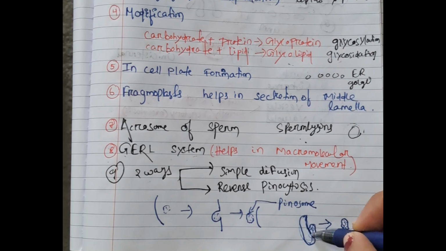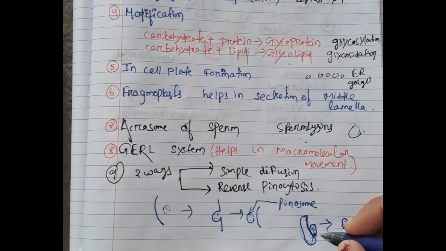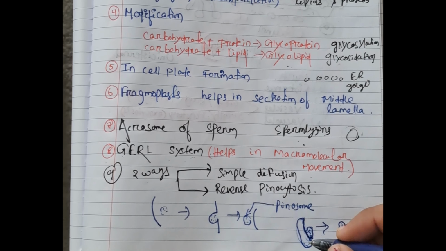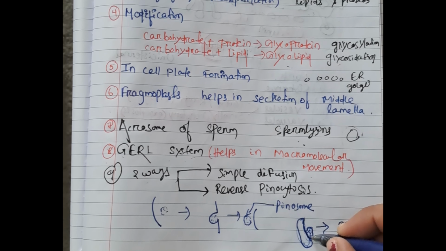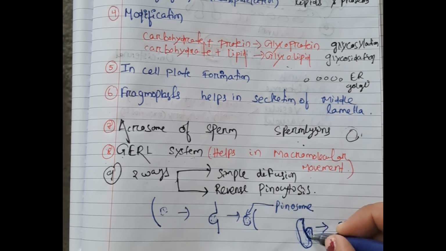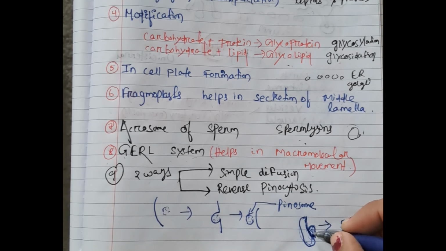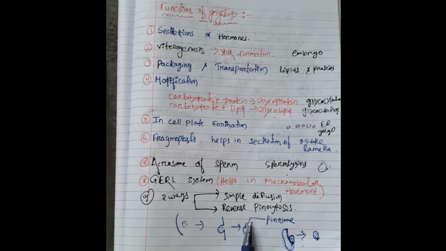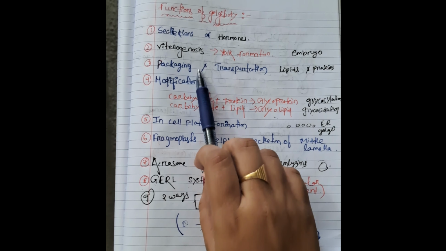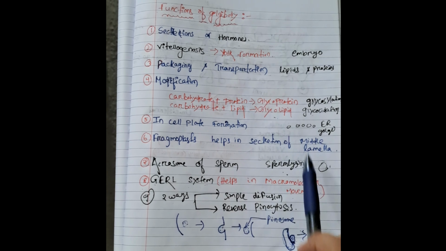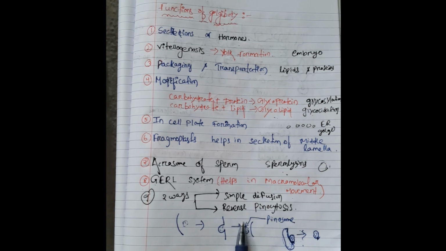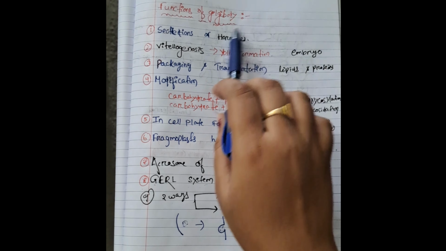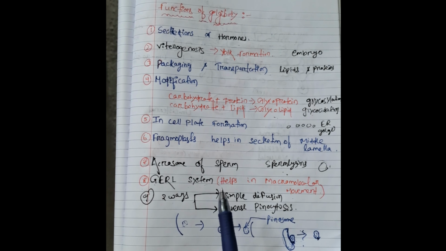This is the membrane of the cisternae, and if it has to release the liquid, it is going to make a vesicle like structure, and here it puts liquids or whatever the substance, then it gets pinched off. This is the pinocytosis, but it is in the reverse direction. All the substances which are secreted and packaged by the Golgi are by the reverse pinocytosis, and these are all the important functions of the Golgi body.